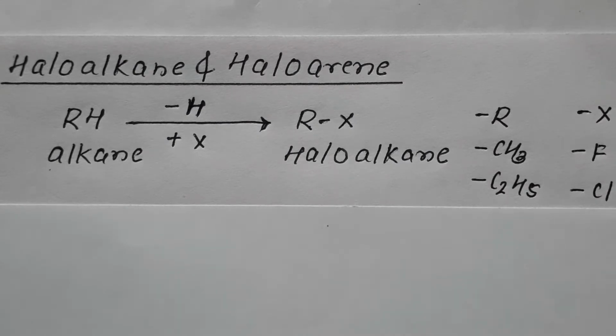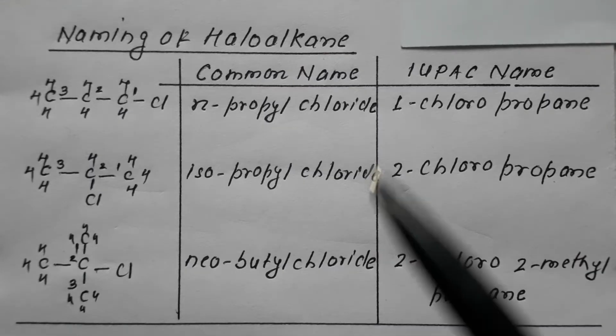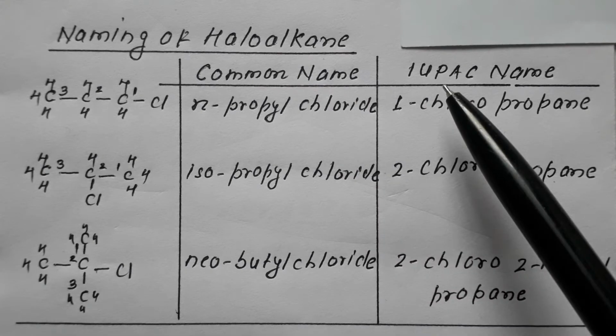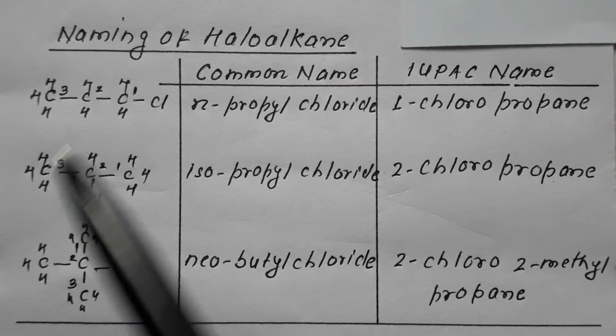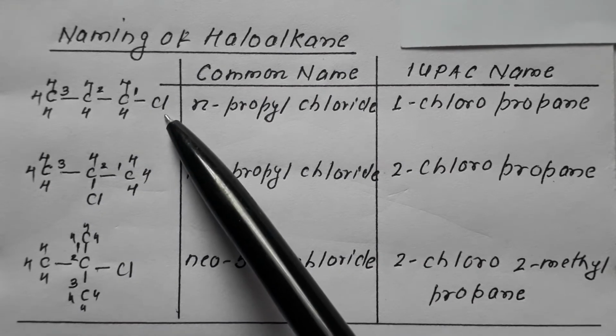So we begin with first the naming of haloalkane, then the classification, then properties one by one. Let's begin with the naming of haloalkane, the common name and IUPAC. Suppose I have taken CH3CH2CH2Cl.